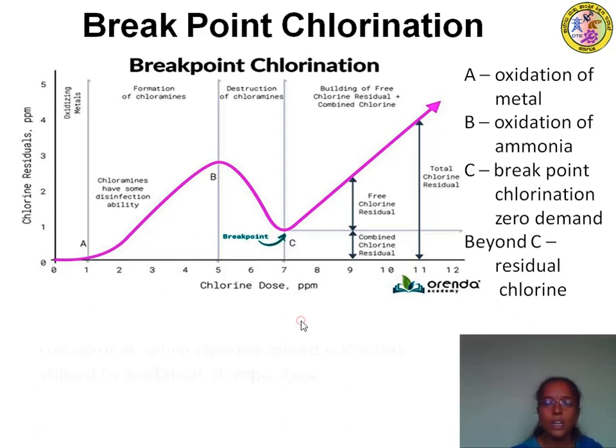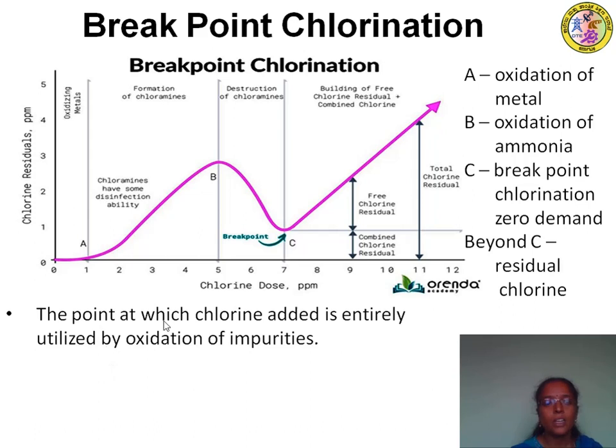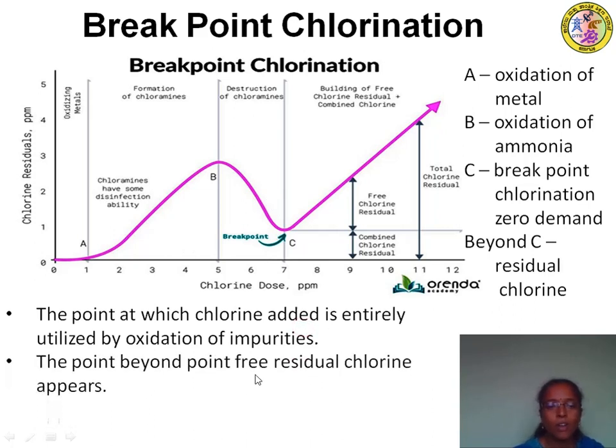How can we define breakpoint chlorination? It is the point at which the chlorine added is entirely utilized by oxidation of impurities. Till this point, whatever chlorine disinfectant you have applied will be utilized by impurities for oxidation. You can also define it as the point beyond which free residual chlorine appears.